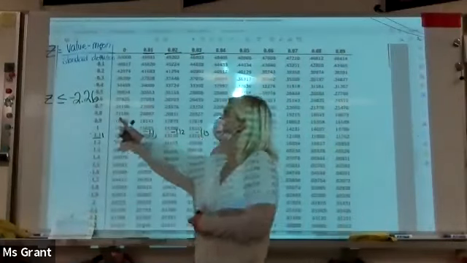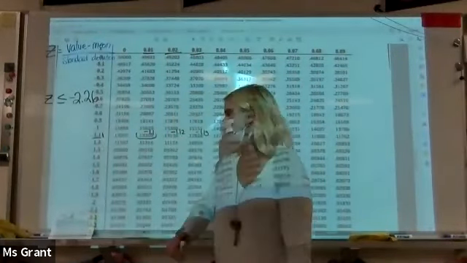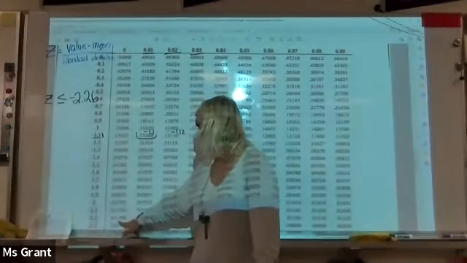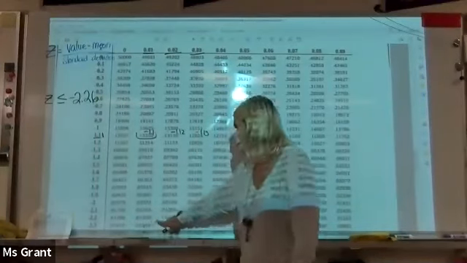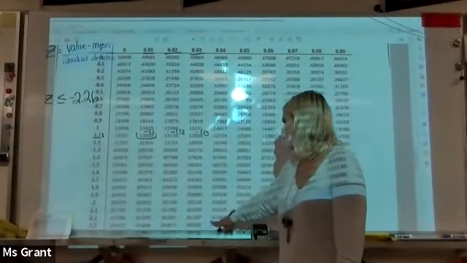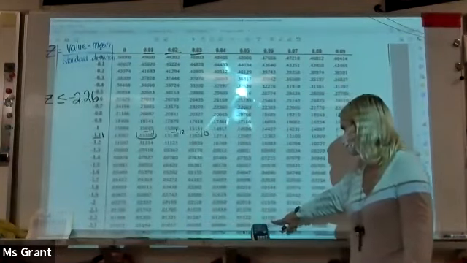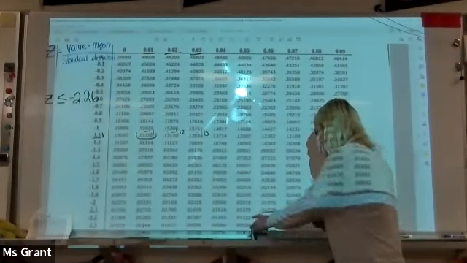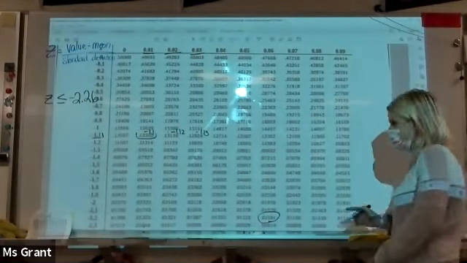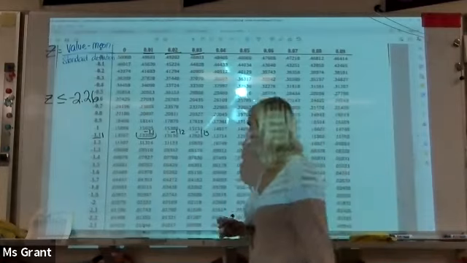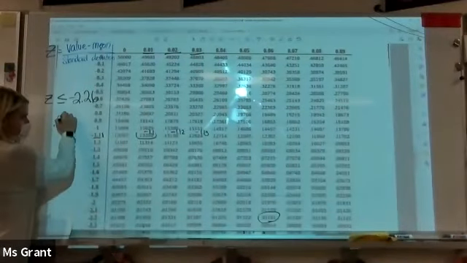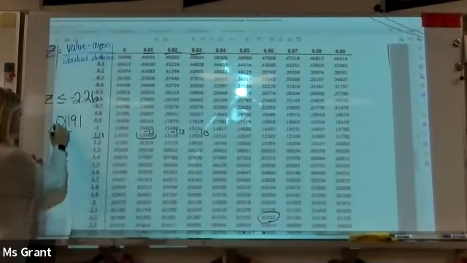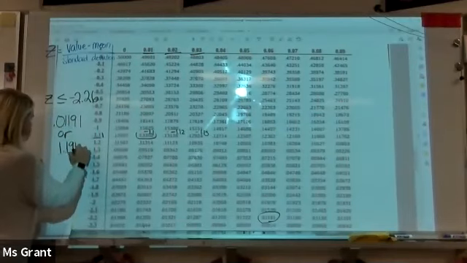The example that I gave you is negative 2.26. So I'm going to go to negative 2.2, 2.20, 2.21, negative 2.26, right here. This value is 0.0119, or 1.19%, right?